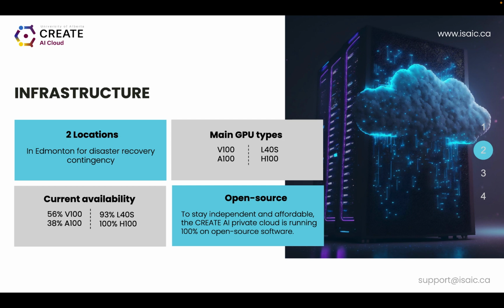Current availability shows 56% for V100, 38% for A100, 93% for L40S, and 100% availability for H100. So you've got plenty of options. Plus, Create AI Cloud is proud to run on 100% open source software, ensuring affordability and independence. Alright, that covers our quick introduction to Create AI Cloud.